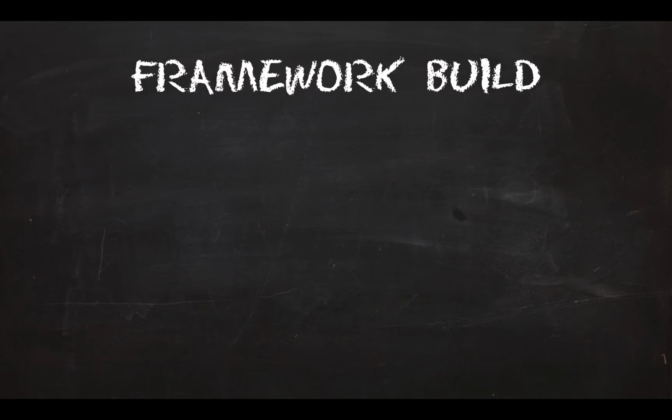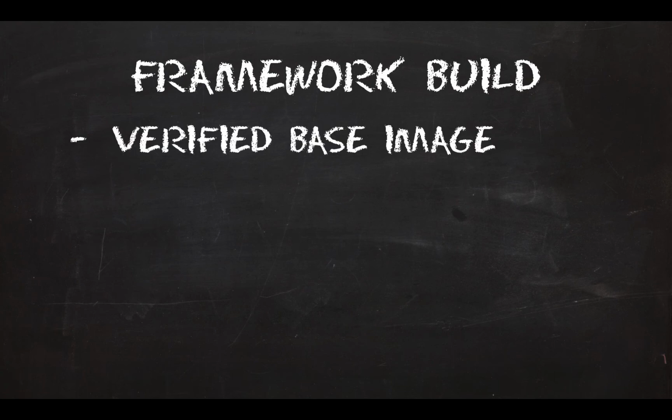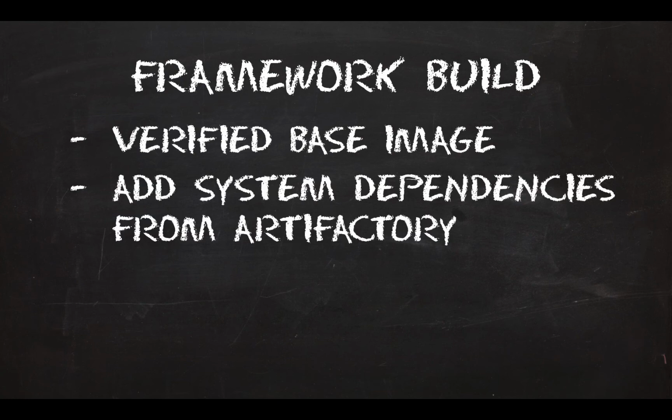And we will have two builds. One builds the framework, and the framework is everything except my application files. In our case, it will be the operating system and the Java on top of it and the application server on top of it. So we will take a verified base image, and by verified I mean something that we played with and tried and figured out that it's good for our needs.